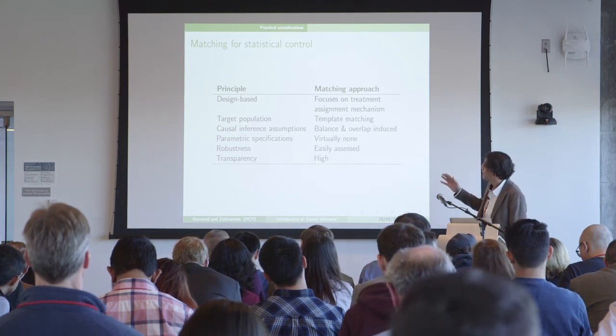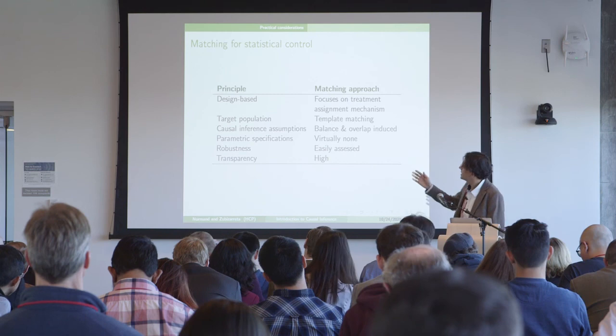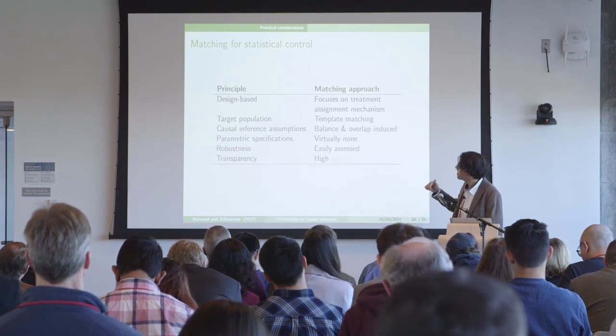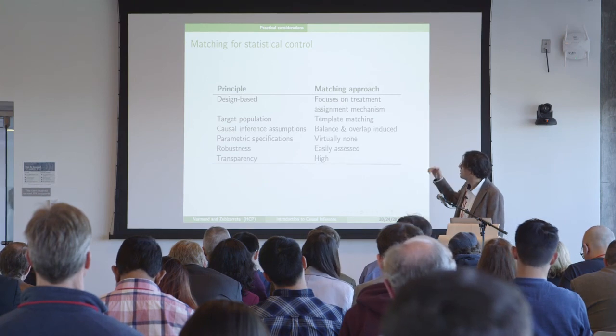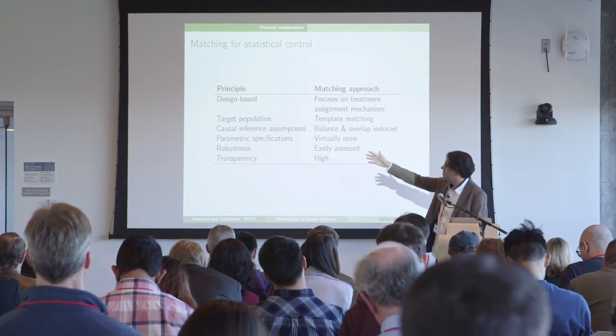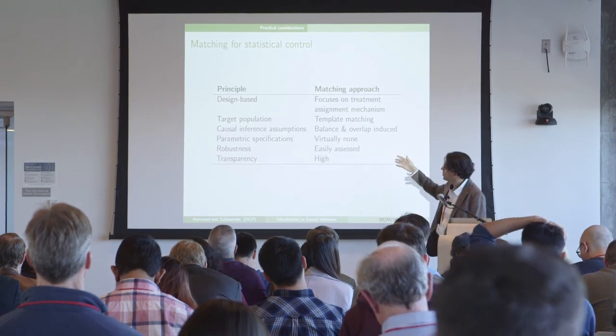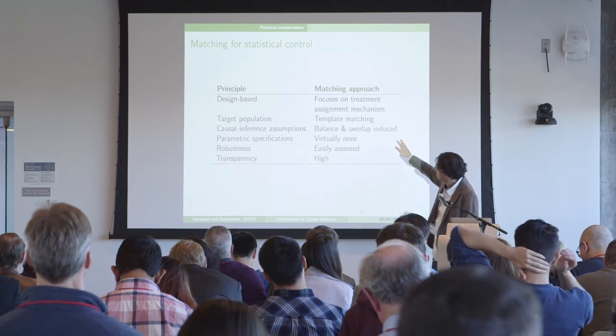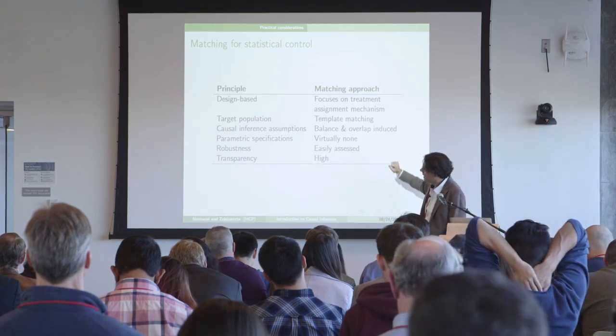So matching maps onto these principles. It's design based in the sense that we're not using the outcomes. In a way, we're focusing on the treatment assignment mechanism. We adhere to this concept of target population by doing template matching. The assumptions are stated here.